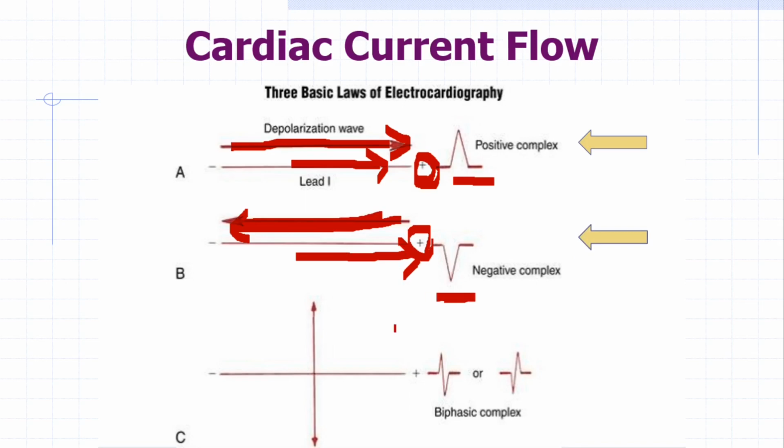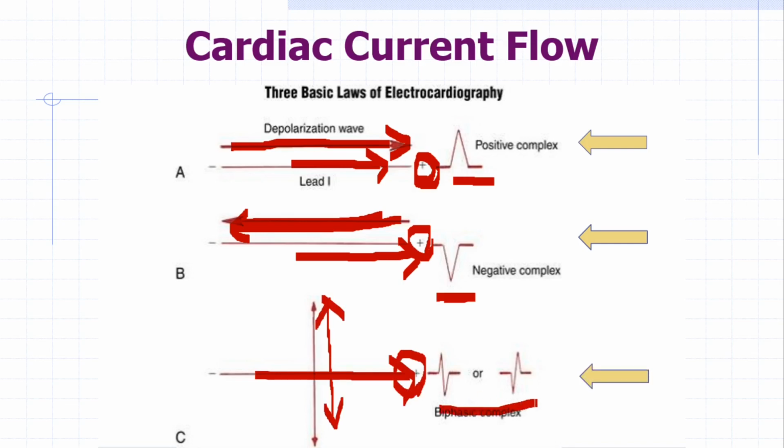If the current flow in the heart is going up and down vertically relative to the positive electrode, then we get the biphasic complex in the ECG. So these are the basic laws by which we can easily work out why we get positive waves, negative waves or biphasic waves in the ECG, that is electrocardiogram.